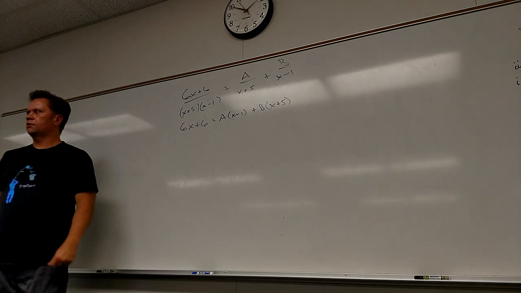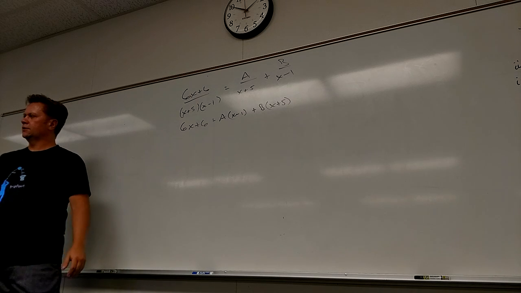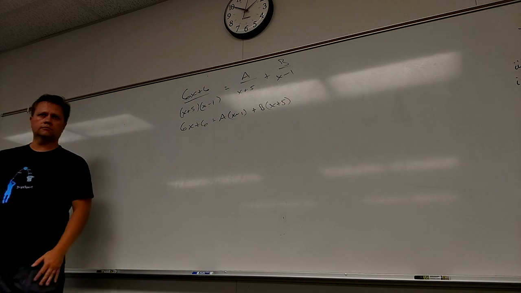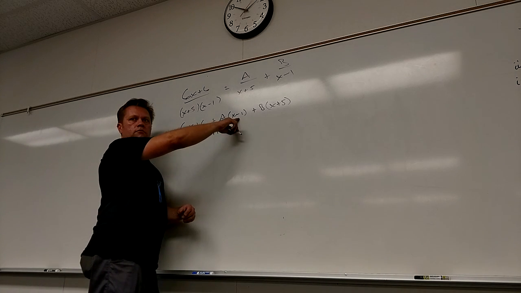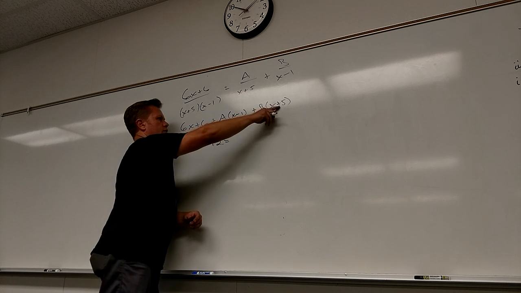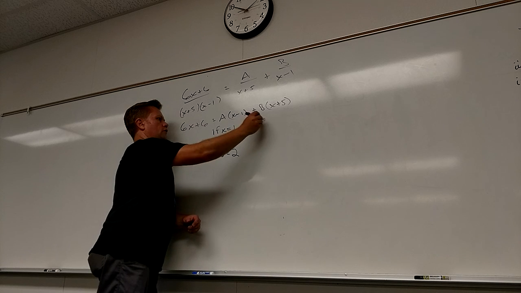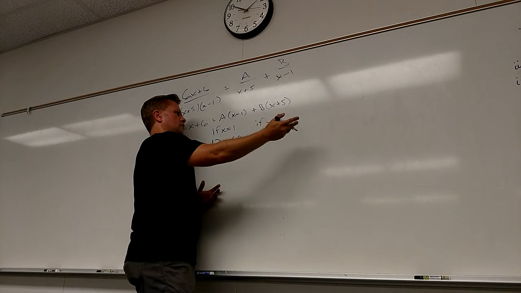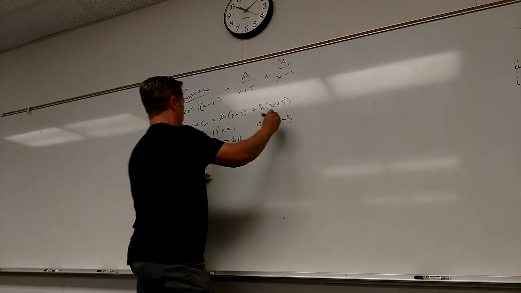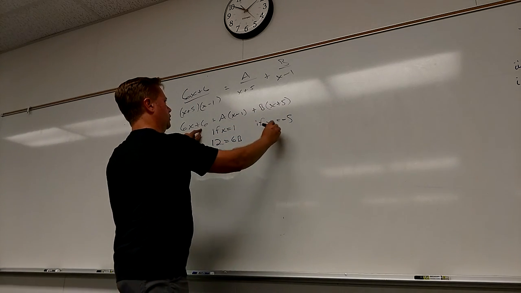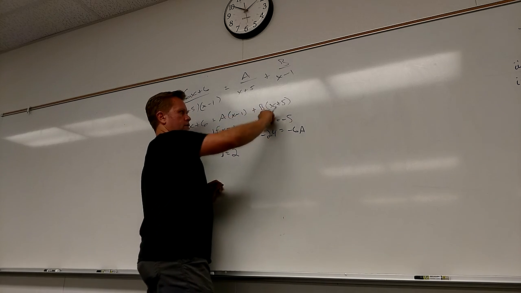Depending on the method you like better, you can make a little system of equations, which is fine. If I were you, I'd rather do this every time I could. If x is 1, 12 is 6b, so therefore b is 2. If x is negative 5, negative 30 plus 6, negative 24, is negative 6a plus 0.